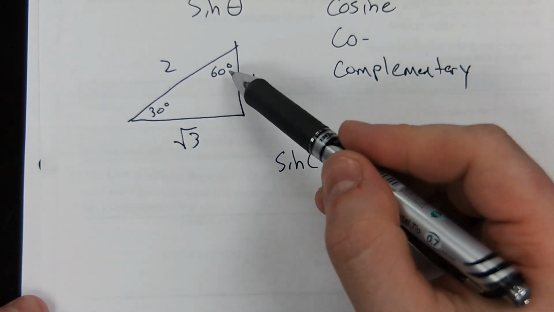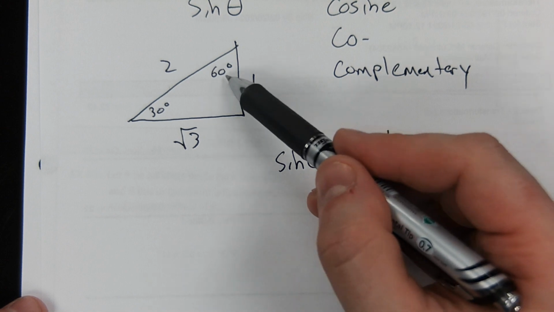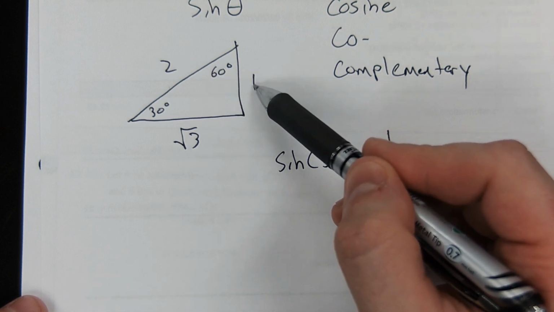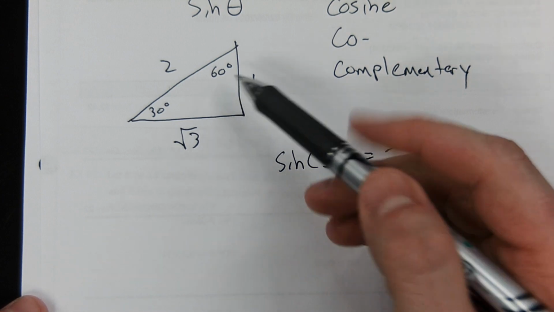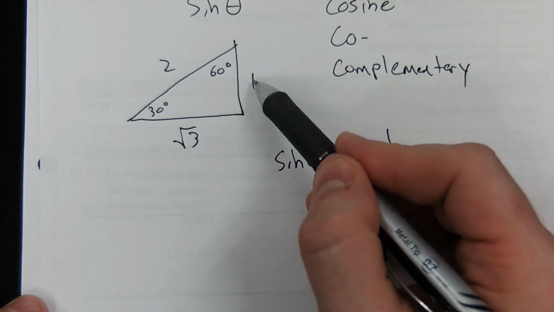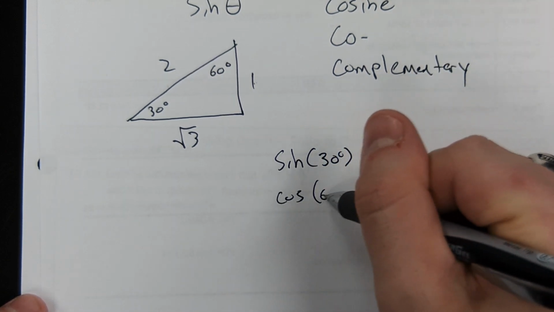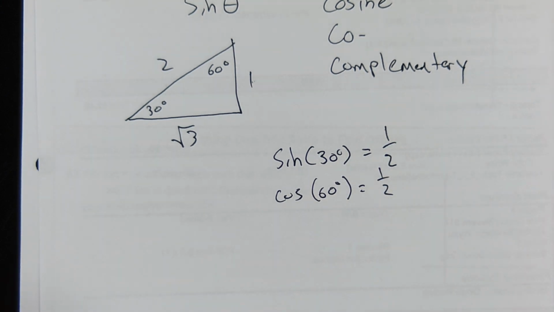But if you were standing here, this isn't the opposite side like it was for the 30. This is the adjacent side. So if you're standing here at the 60 and you do adjacent over hypotenuse, you get the same value.